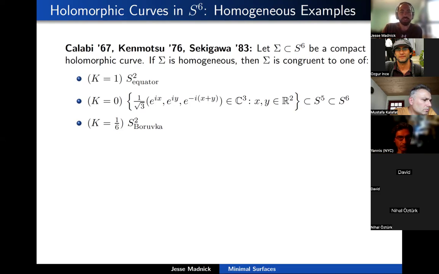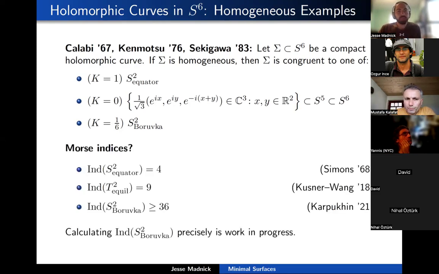That has Gauss curvature 0. It's a flat torus. And then there's the Borůvka sphere. The Borůvka sphere was discovered some 90 years ago by Borůvka. It's an orbit of the irreducible SO(3) action on R7. So it's defined by harmonic homogeneous cubic polynomials. So it's some sort of cubic object. It's not the most pleasant thing to write down, but you can write it down explicitly with polynomials.